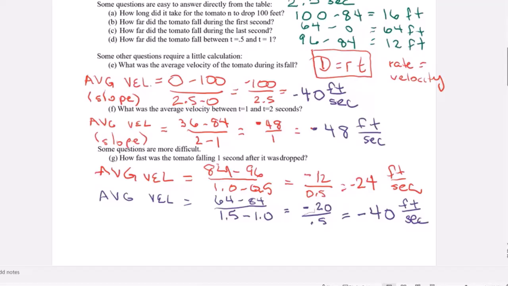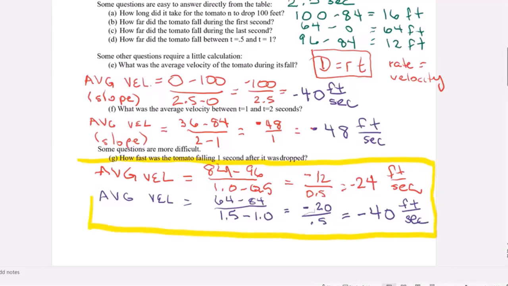So I have these two answers that are pretty far apart, actually. And we know that the average rate of change, or the average velocity, over the entire time the tomato was falling was negative 40. And we know that it's speeding up a little bit in the negative direction as it falls, which makes sense.